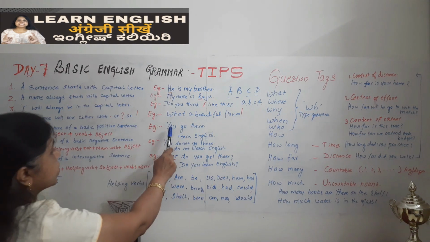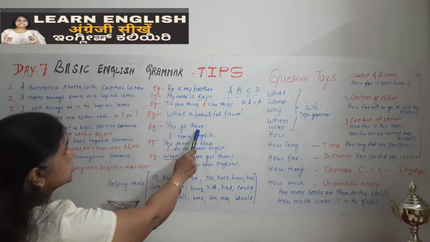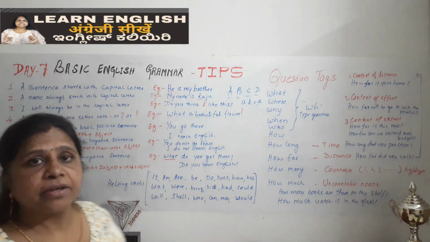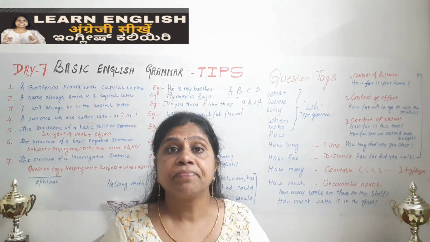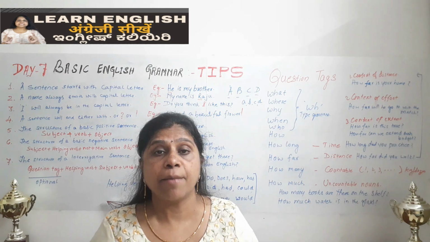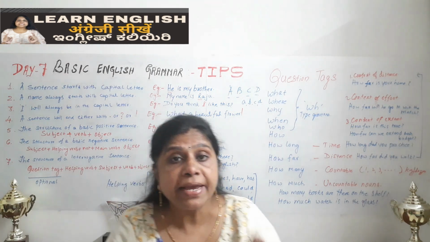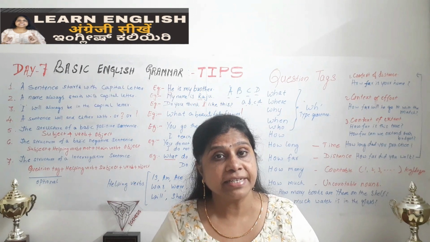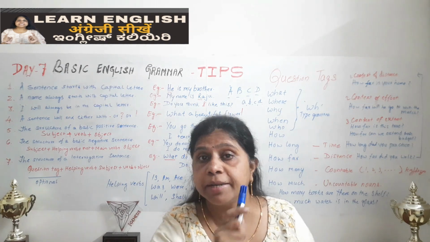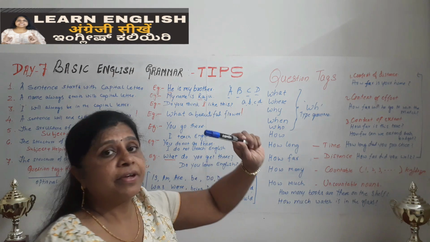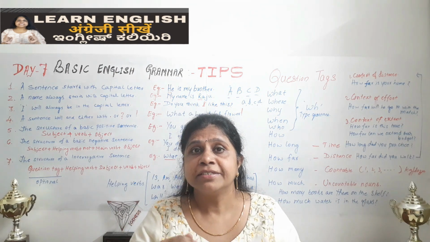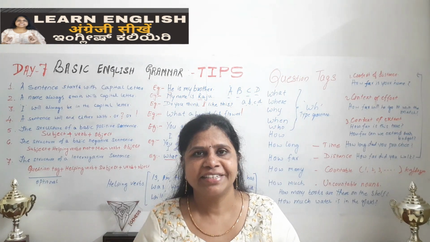Now, what is subject, what is verb, what is object, all that we can learn in the coming days, whereas today I am going to tell you only the basic things. These are only tips I am giving you. This is just a beginning, not an end.